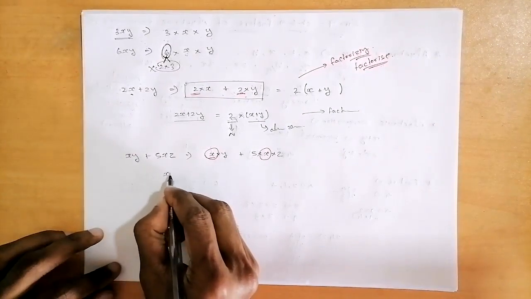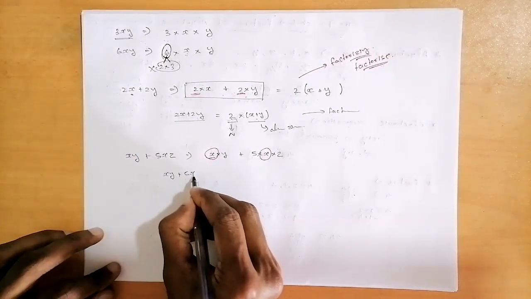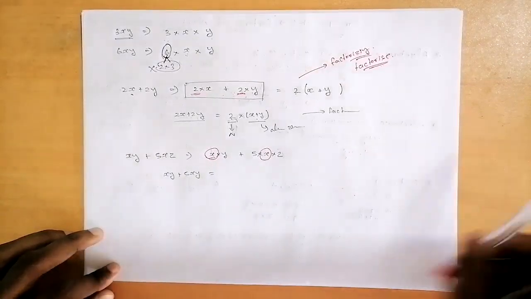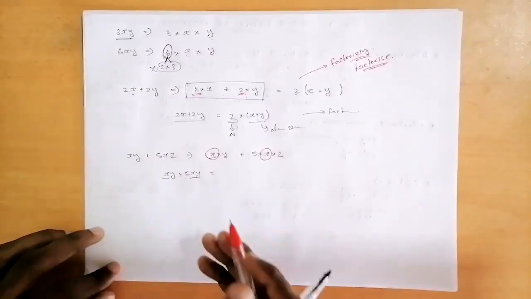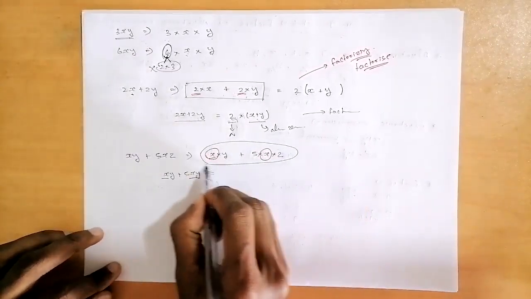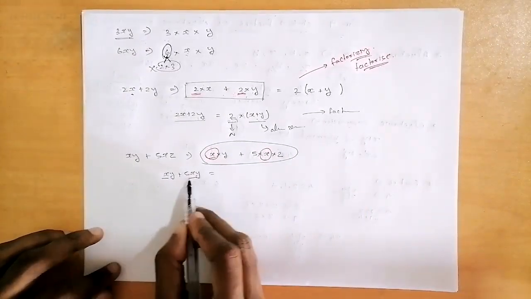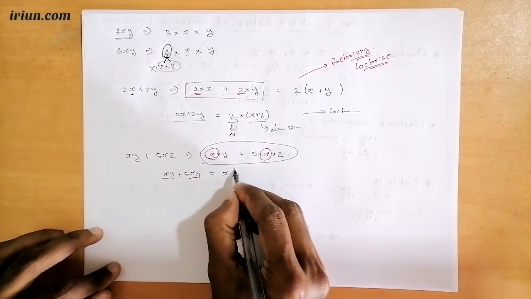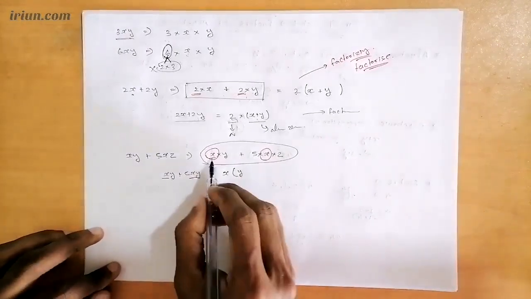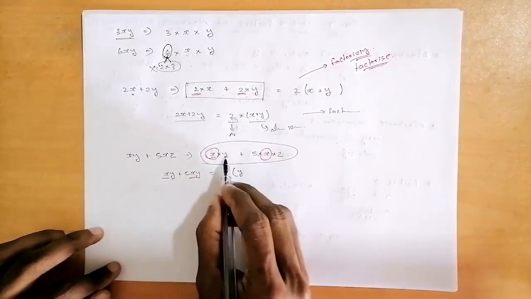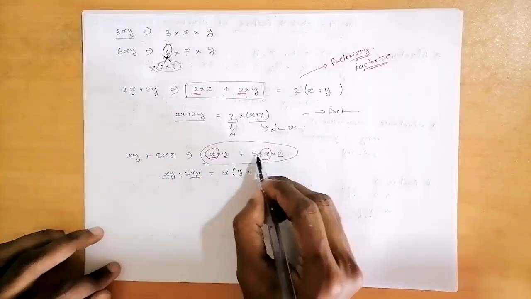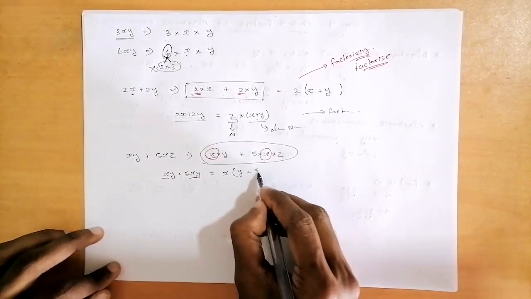So the step for the answer: we take the common element out, and the remainings are within the bracket. What is the remaining? y, because in x into y, you take out the x. So y is remaining, plus 5z is remaining.